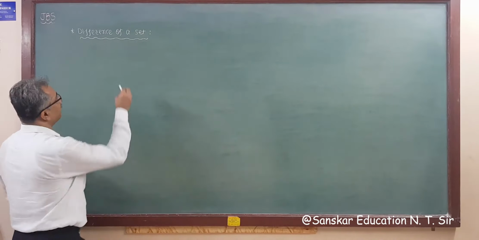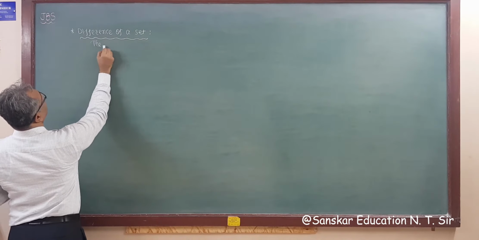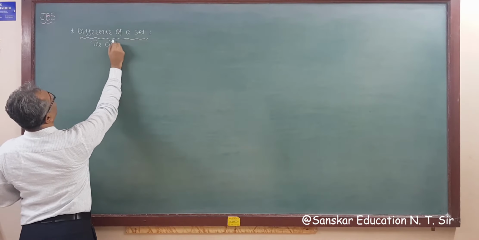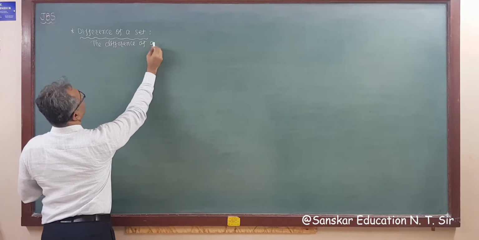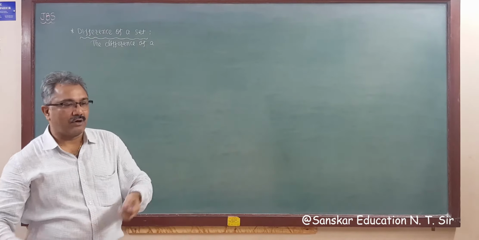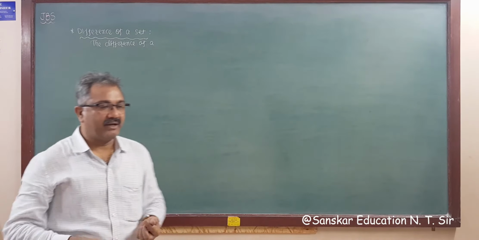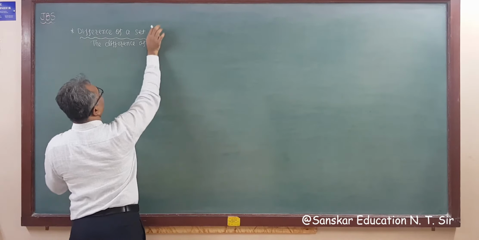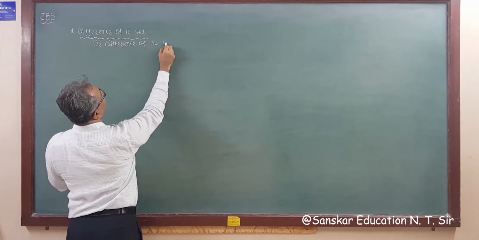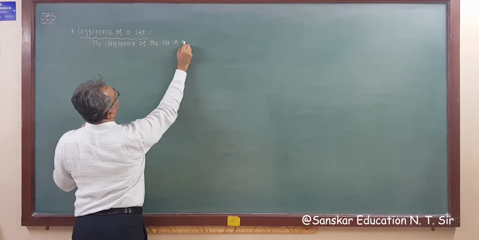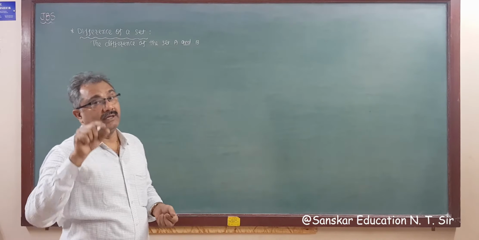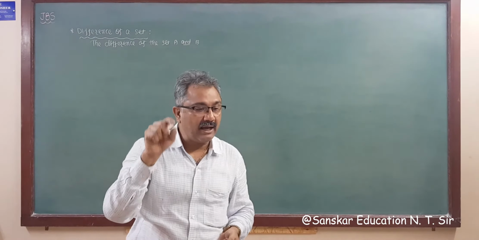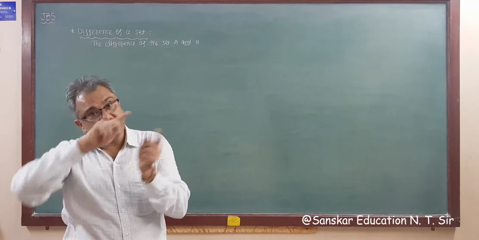The definition of the difference of sets A and B: here the order of sets A and B is important. A and B, in this order, is important.